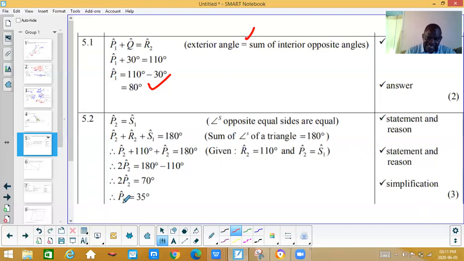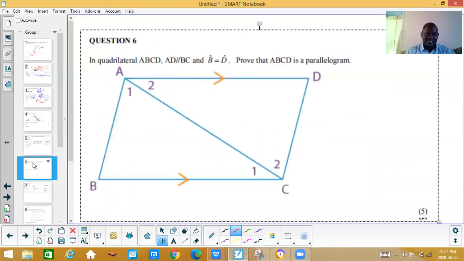Hence P2, you divide by 2 on both sides, to get 35 degrees. Now this is a part where you are supposed to give your answer together with the corresponding, relevant reasons.